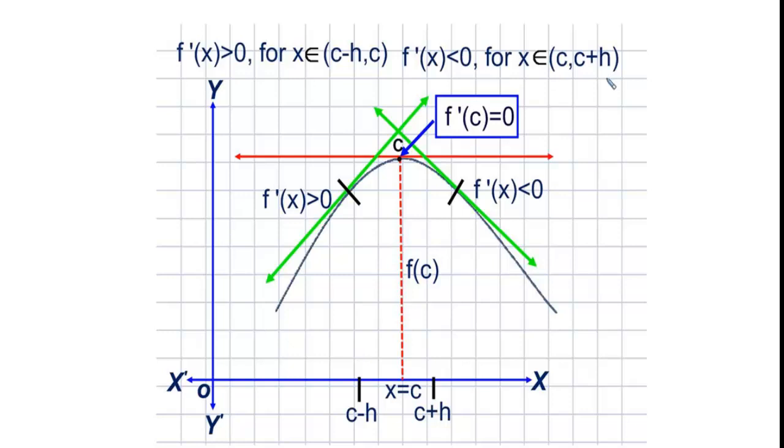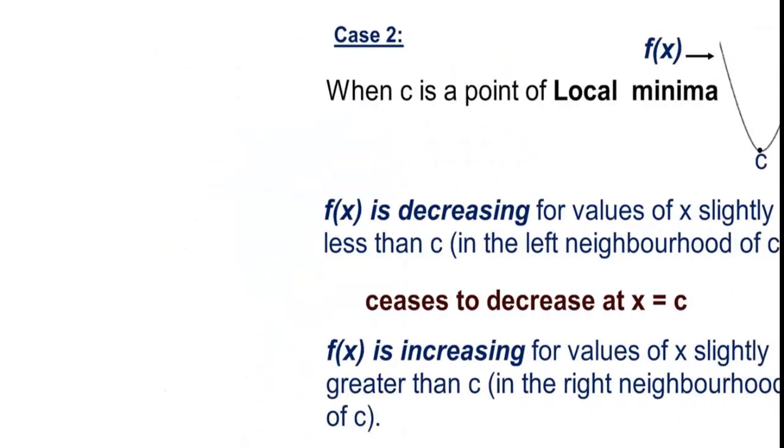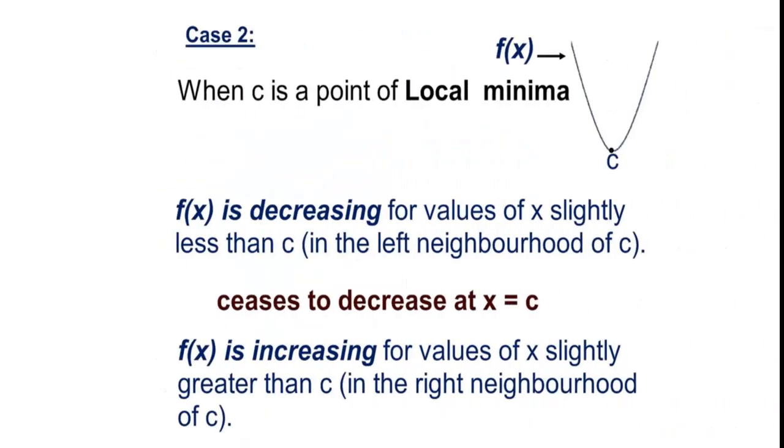And clearly, from these two, we can conclude that since f(x) is neither decreasing nor increasing at x equal to c, f dash c is equal to 0. Hence, whenever x equal to c is a point of local maxima, f dash x changes sign from positive to negative.